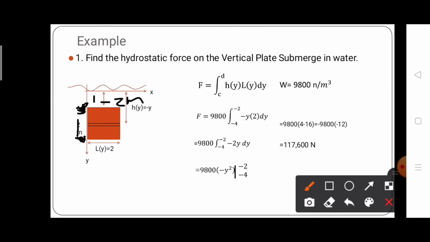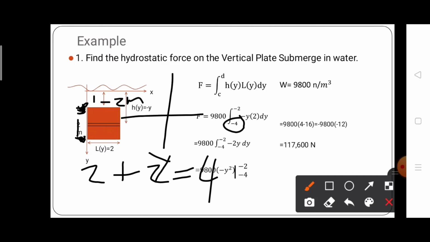So 2 plus 2 is equal to 4. That is why we have 4 here, but it is negative, because on the y-axis this is the negative value of y, and this is the positive value of y.